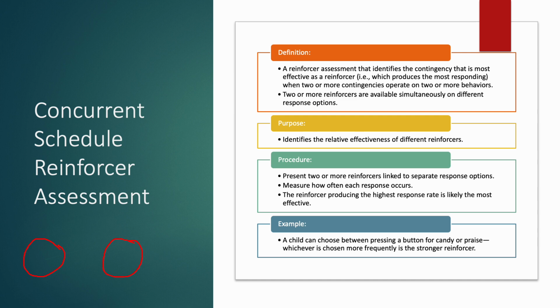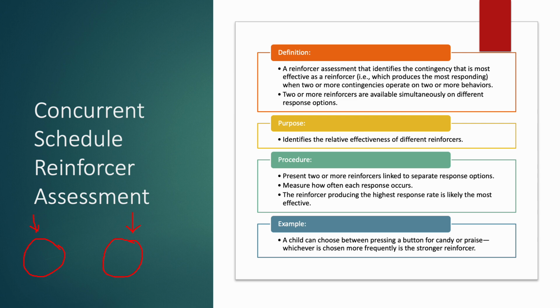And then let's say for engaging in this behavior, they may earn one reinforcer or one item or stimulus. And for engaging in this behavior, they receive another stimulus. Okay, and we're just assessing where do they allocate the majority of their responding, and is there one that functions as a better reinforcer over another?